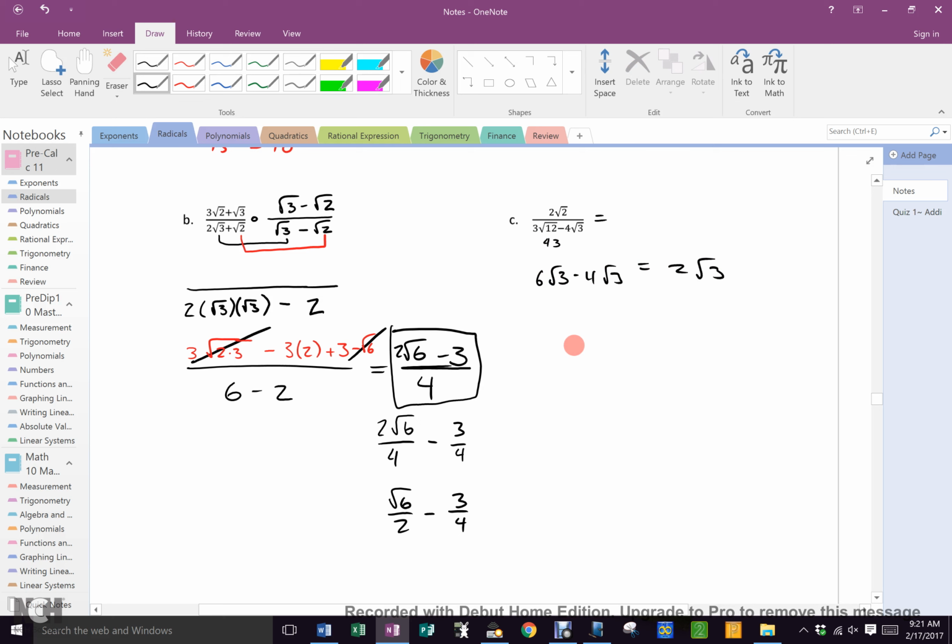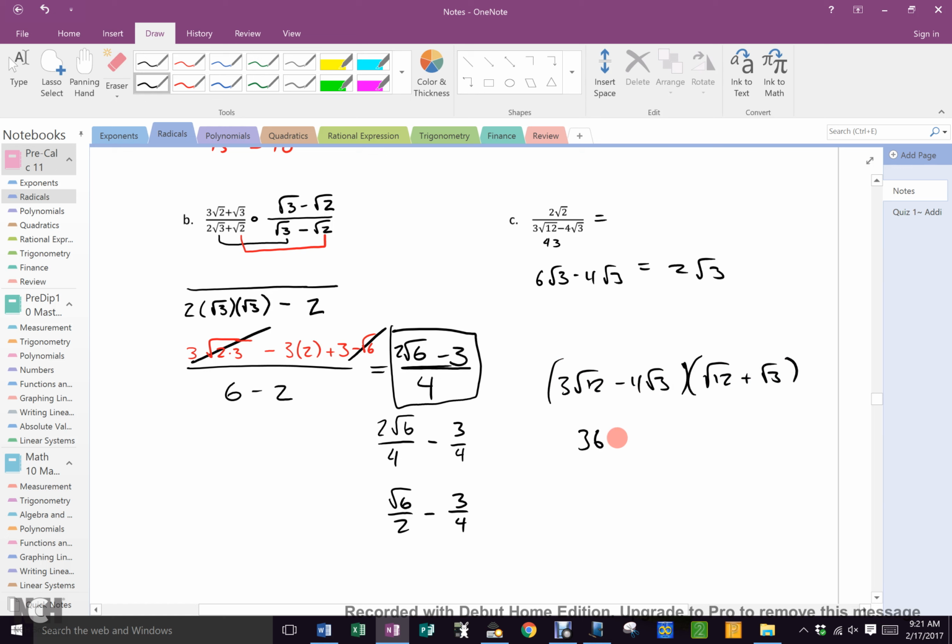Now, if I do, I might have screwed up the foiling. 3 root 12 minus 4 root 3 times root 12 plus root 3. 3 times 12 is 36.